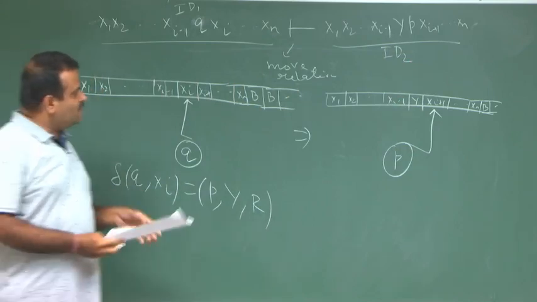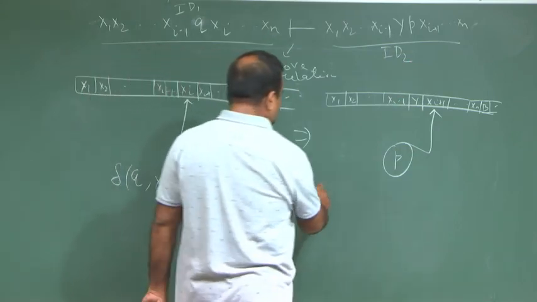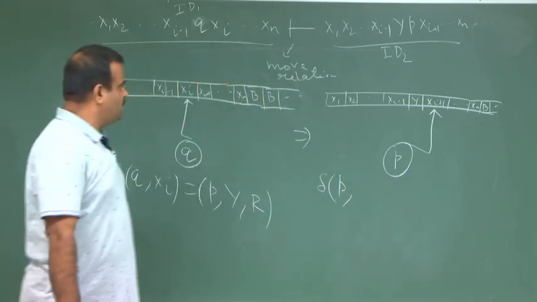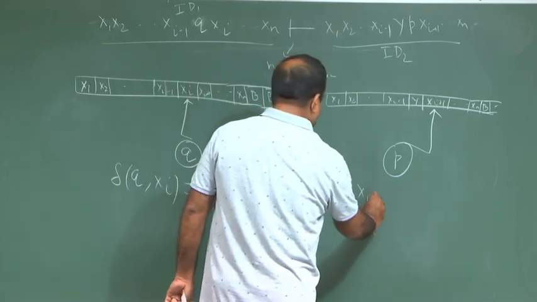Now, from here if again we have a relation like this: delta of say p, our current state is p and we are reading x I plus 1.